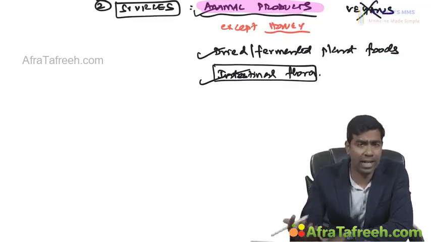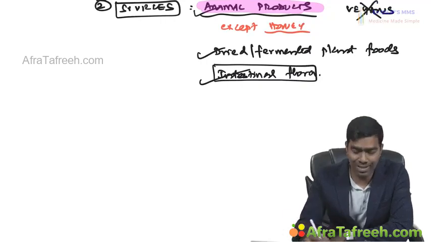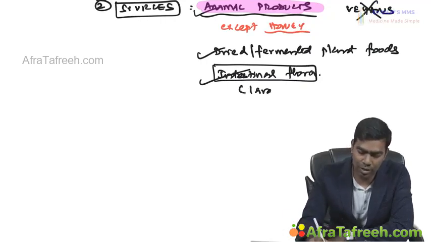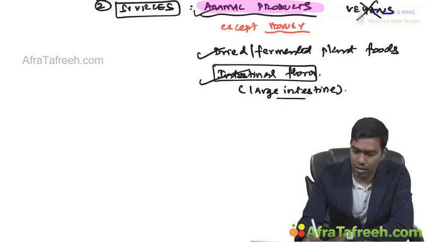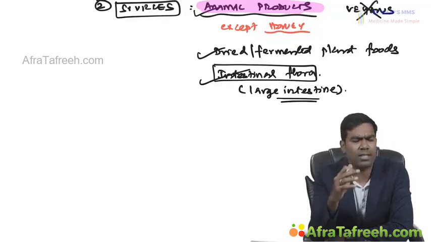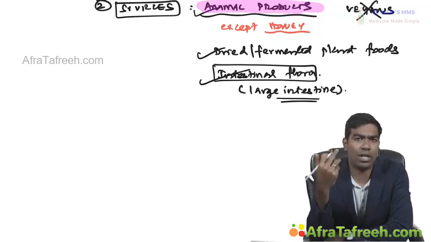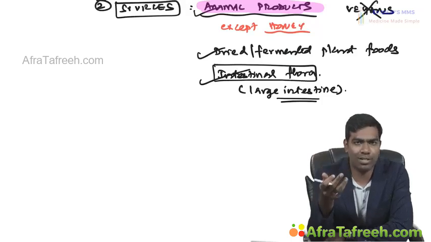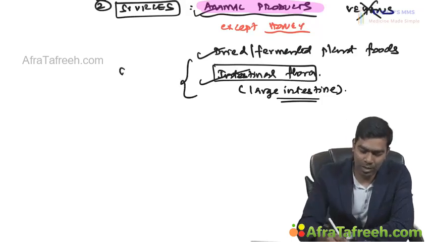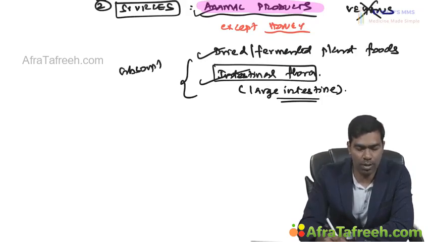And where in the intestine, if they ask you, is B12 synthesized by the intestinal flora? It is the large intestine. But what is the catch in this? Even though the intestinal flora synthesizes B12 in the large intestine, the absorption of B12 actually happens in the ileum, isn't it?